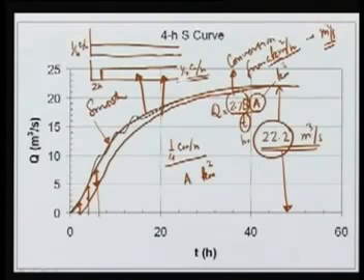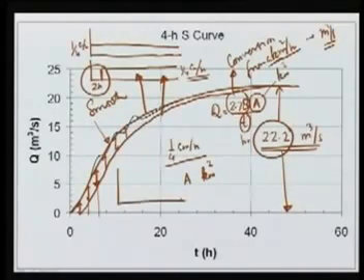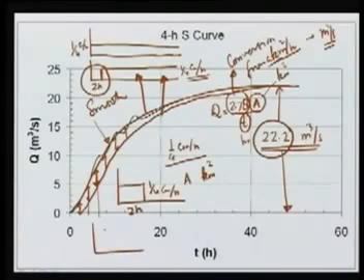So this means that the difference of these two, the ordinate shown here, will be because of a rain which is 2-hour duration and intensity of 1/4 centimeter per hour. Now since we want unit hydrograph for 2 hours, our rain should correspond to 2-hour duration and 1/2 centimeter per hour intensity.